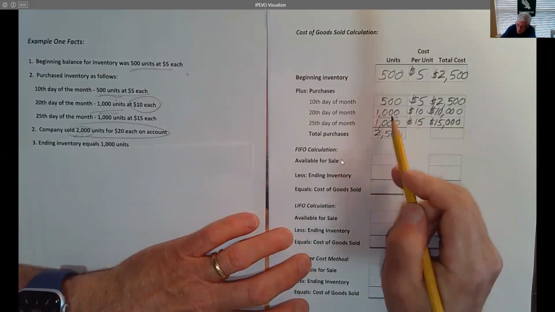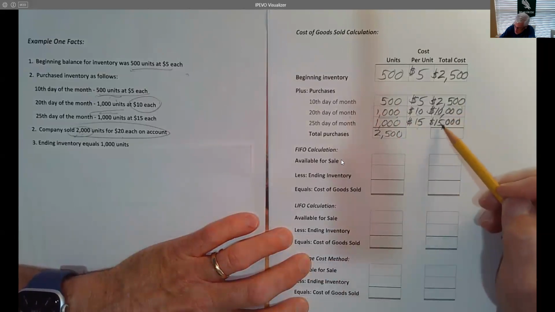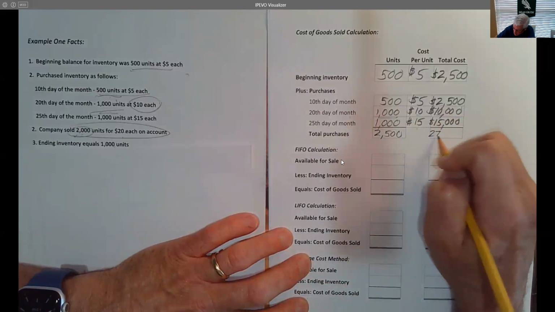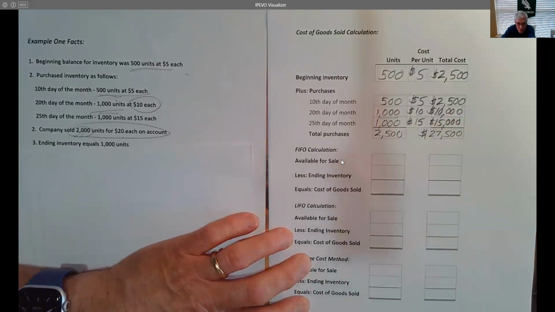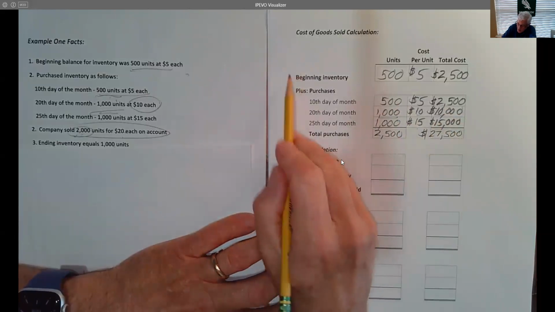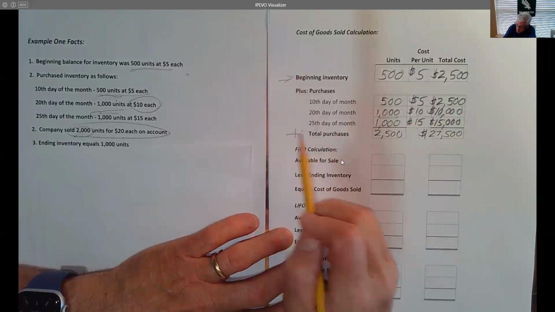So total purchases, 2,500 units, 500 plus 1,000 plus 1,000. Total cost was 27,500. So beginning inventory plus purchases equals available for sale.